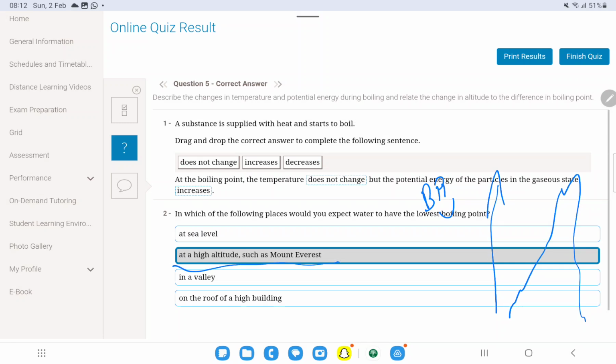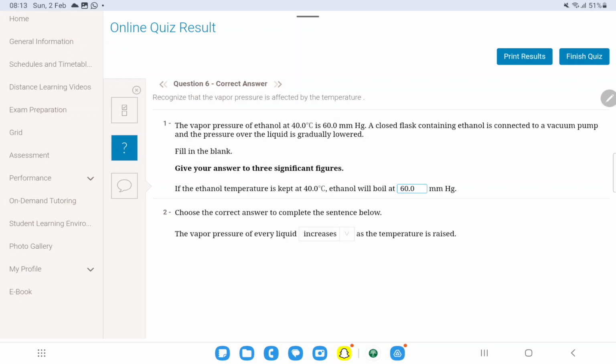So at a high altitude, such as Mount Everest. The vapor pressure of ethanol at 40 degrees Celsius is 60 millimeter Hg. A closed flask containing ethanol is connected to a vacuum pump, and the pressure over the liquid is gradually lowered. If the ethanol temperature is kept at 40 degrees Celsius, ethanol will boil at.